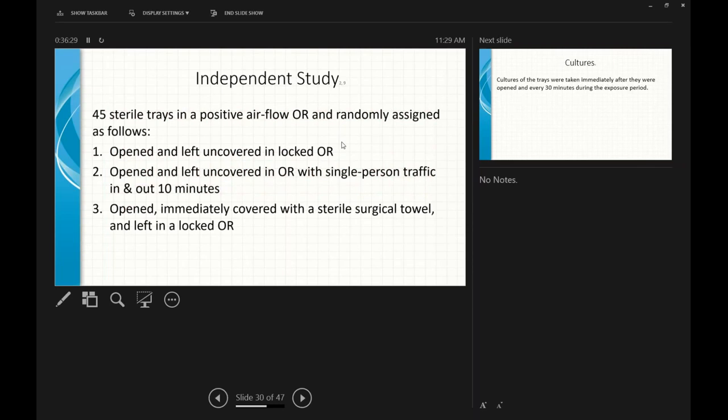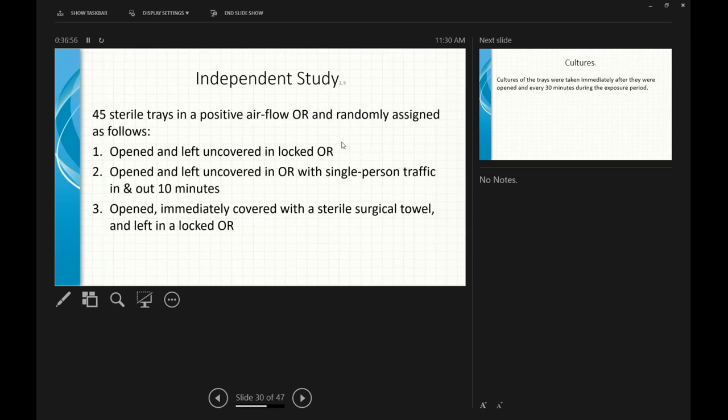And this is the study that's cited in the AORN guideline. It was an independent study, and 45 sterile trays were placed in a positive airflow OR and randomly assigned as follows. Number one, they were opened and left uncovered in a locked operating room, so there was no traffic.